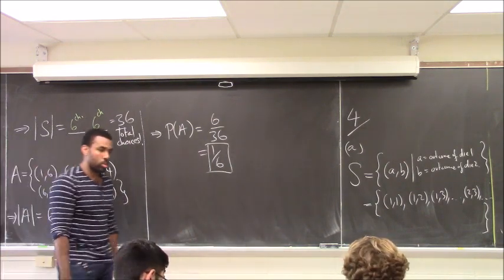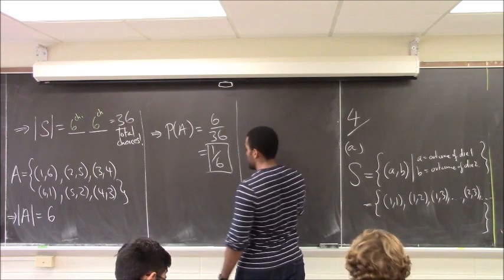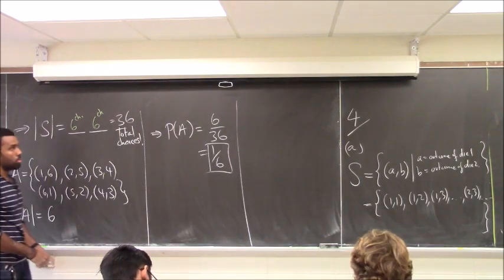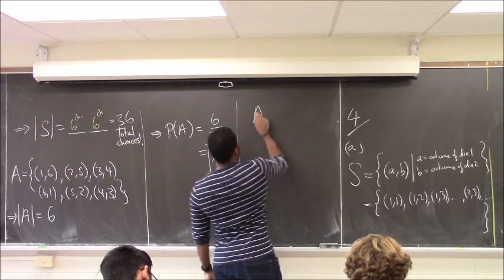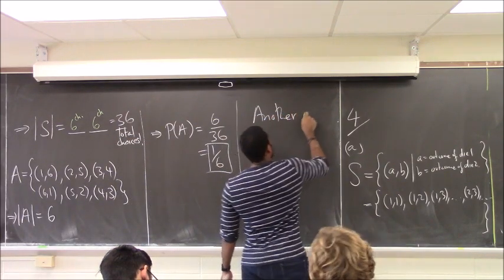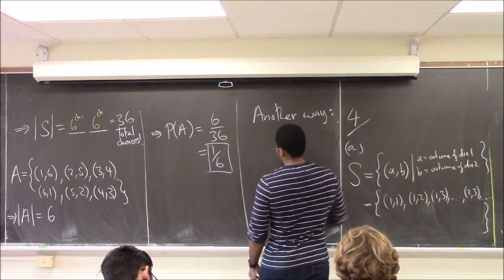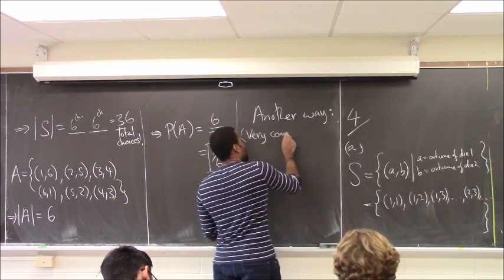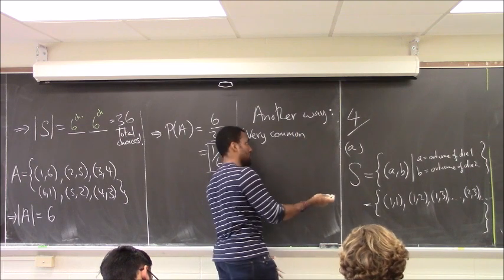One way to do the problem, totally valid. Above board, sanctioned. Another way to do the problem, if you set it up this way, is very common with the 2 dice scenario. But once you get more than 2 dice, this becomes a lot harder.